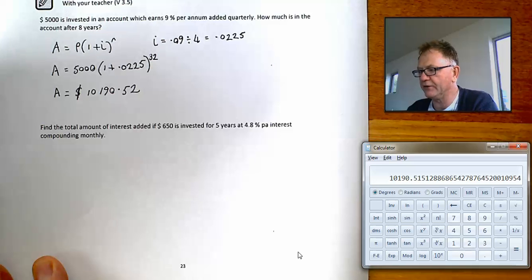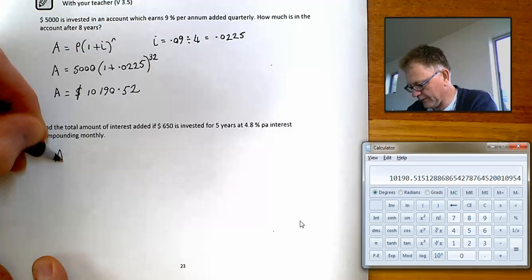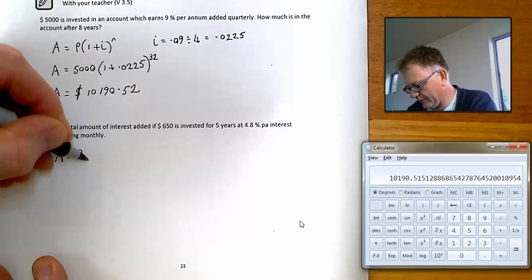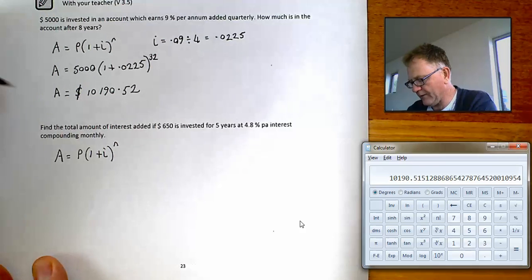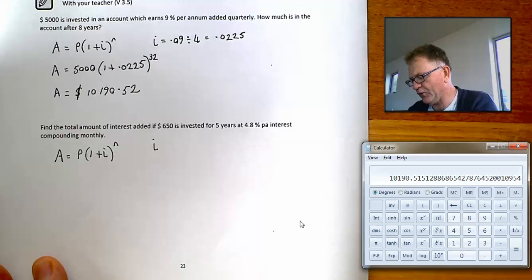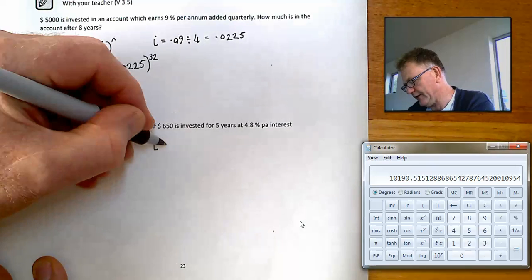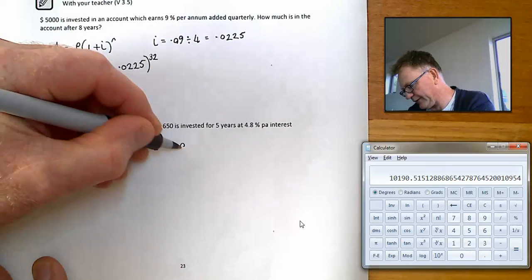Let's have a look at a second example. Compound interest question, compound interest formula. Work out I before you start, the interest rate. It's 4.8% per annum, but it's compounded monthly. So 4.8% as a decimal is 0.048.